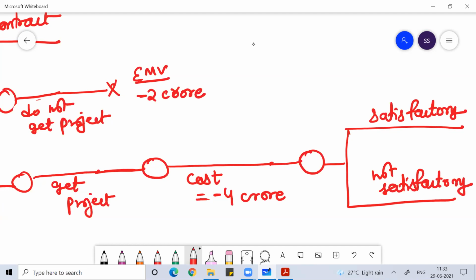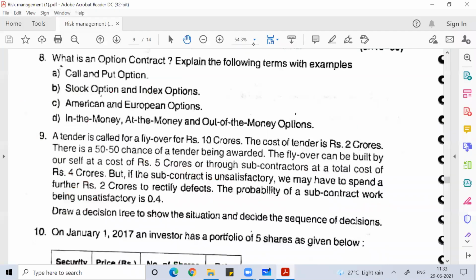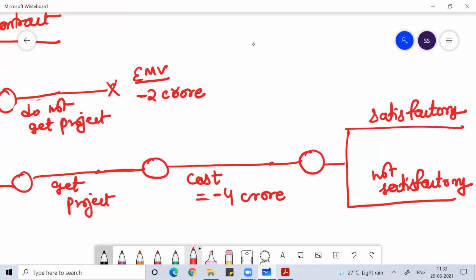The probability is given to you. Not satisfactory, the probability is 0.4. Satisfactory, the probability is 0.6. That is given to you.